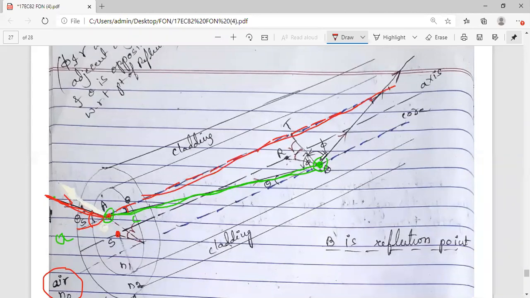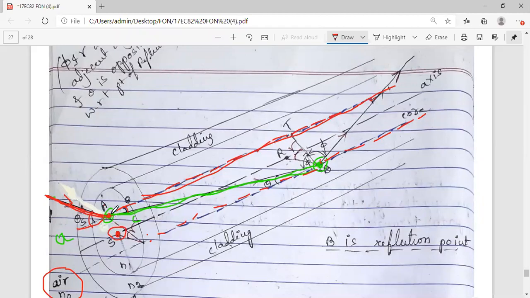And if you see the point B, this is one more plane. So unlike in meridional rays, there is only one plane, that too core. Okay. Here, as the hitting surface is point A, it is not the center. Earlier it was at the center, so only one plane we considered.